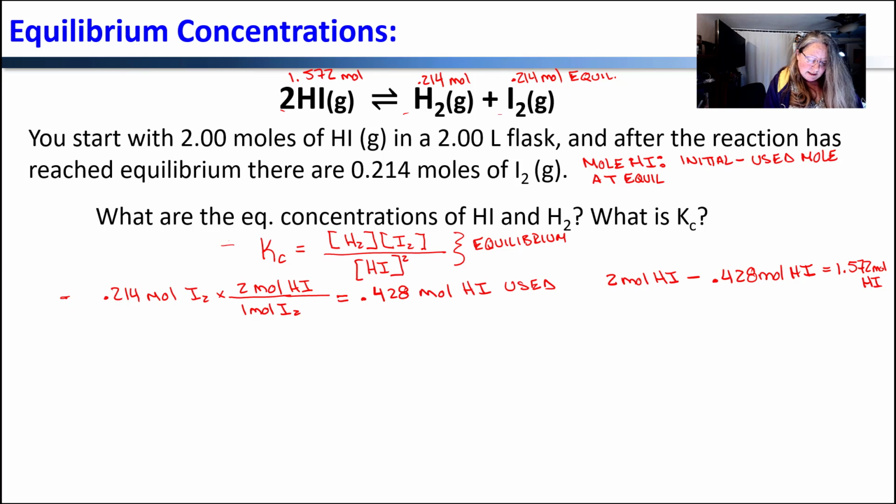So remember, Kc is in terms of molarities, not in terms of moles itself. This 1.572 moles then for the HI concentration is going to equal my 1.572 moles of HI divided by my 2 liters, 2.00 liters of HI.